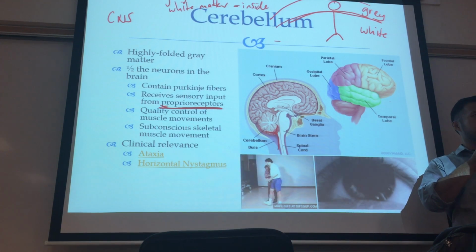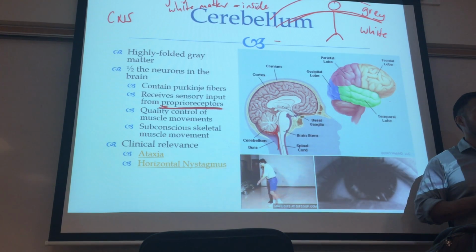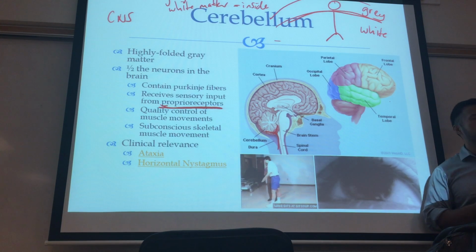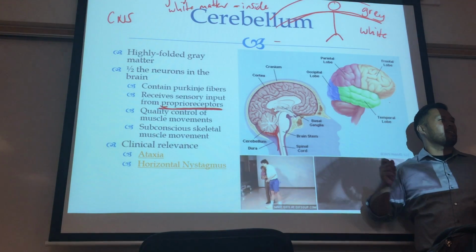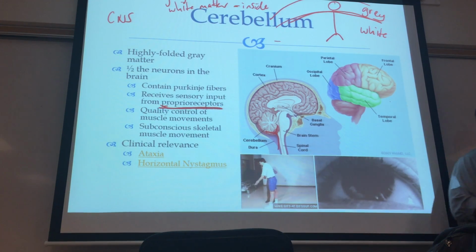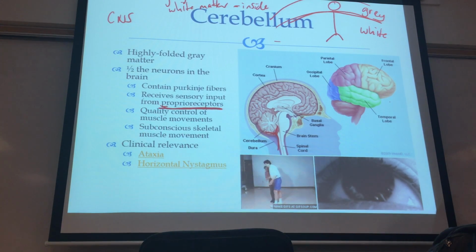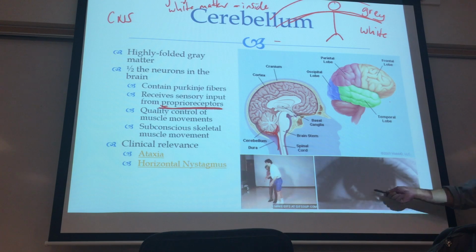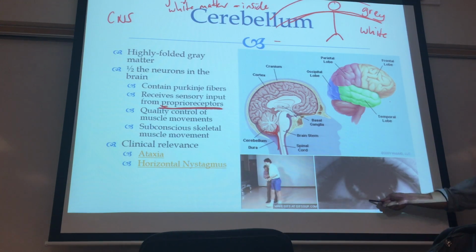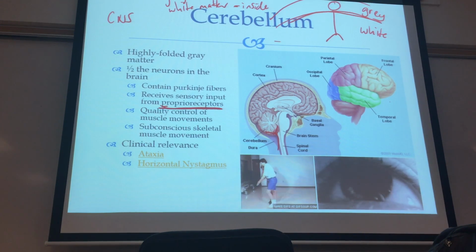So now my eye starts doing this as it moves across. And when the cop sees that jagged movement, they know that alcohol may be involved, and it gives them a reason to suspect that cerebellar functioning doesn't seem to be working as optimally as it should. Is there any sort of inebriation? Should we test for this? So that's one of the things that they measure, and that saccadic movement is this right here. It's what we call horizontal nystagmus.